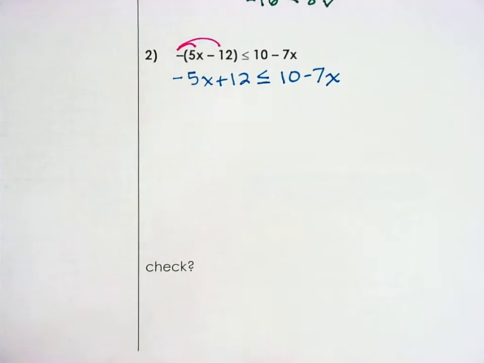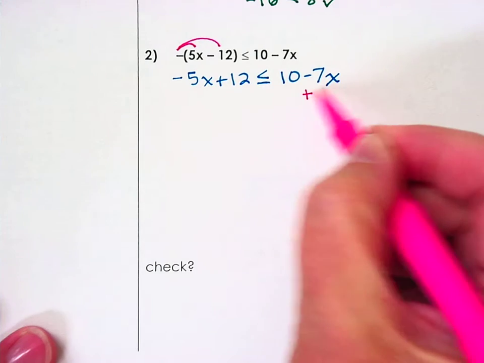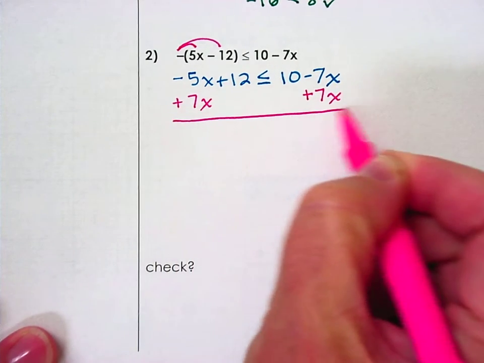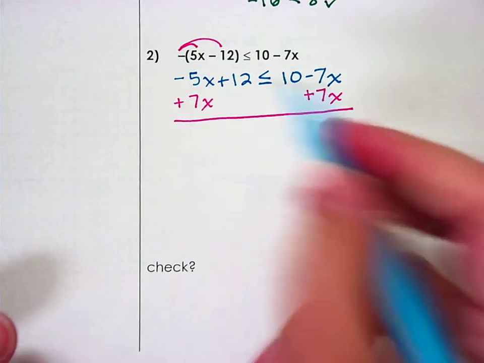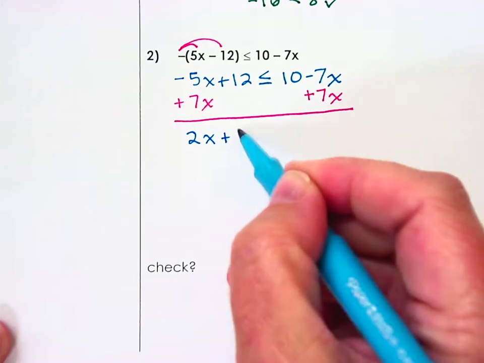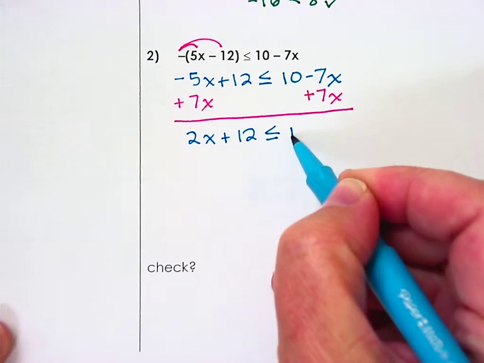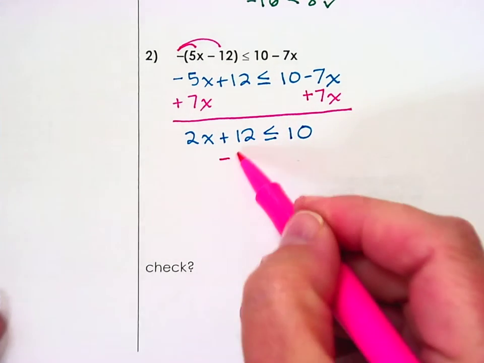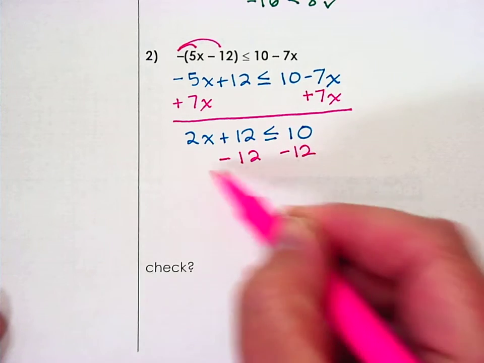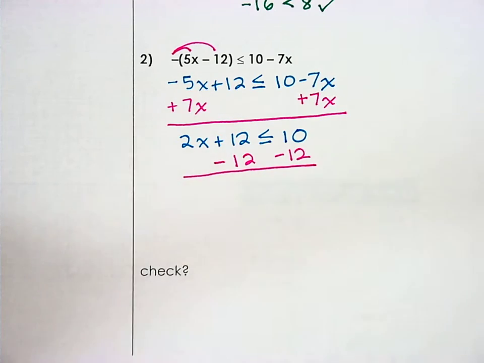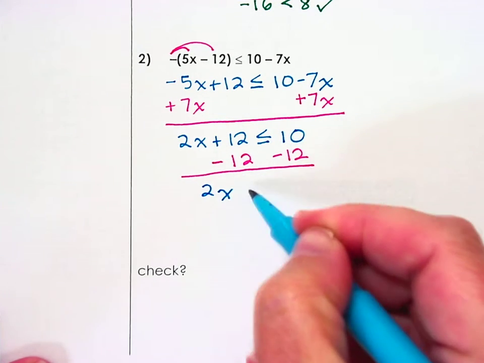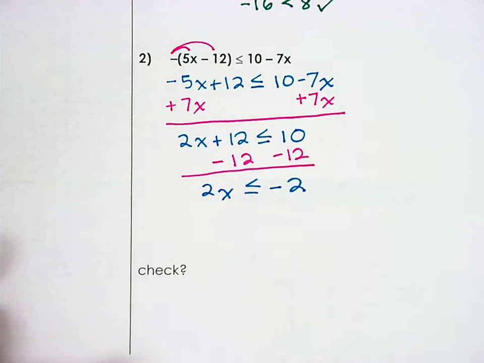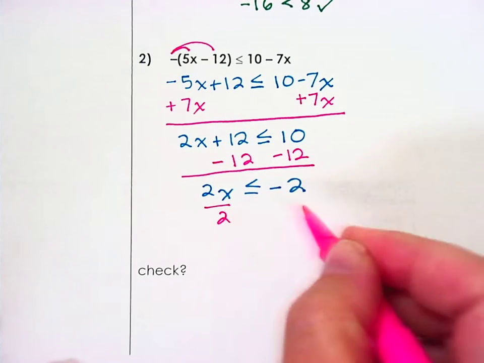We're going to move the variables to the left, combining our like terms together. 2x plus 12 is less than or equal to 10. Now I'm going to get x by itself, so I'm going to subtract the 12. 2x is less than or equal to negative 2. And then divide by 2.